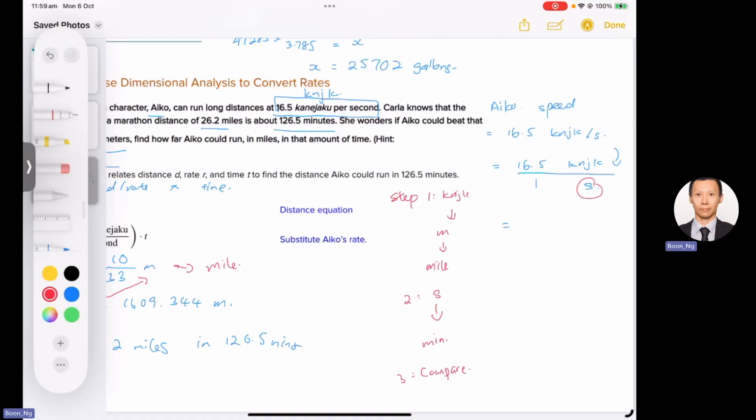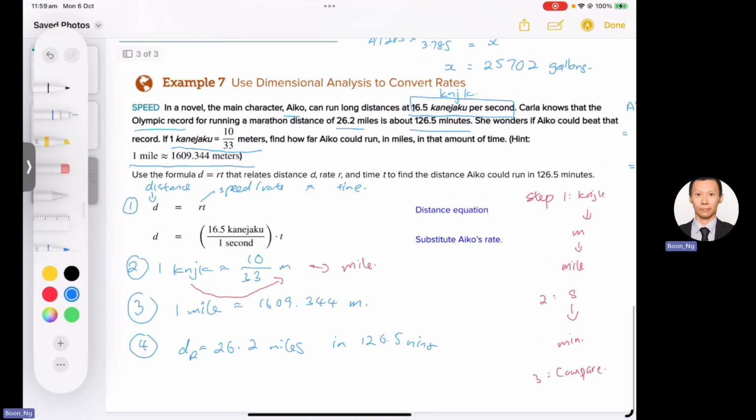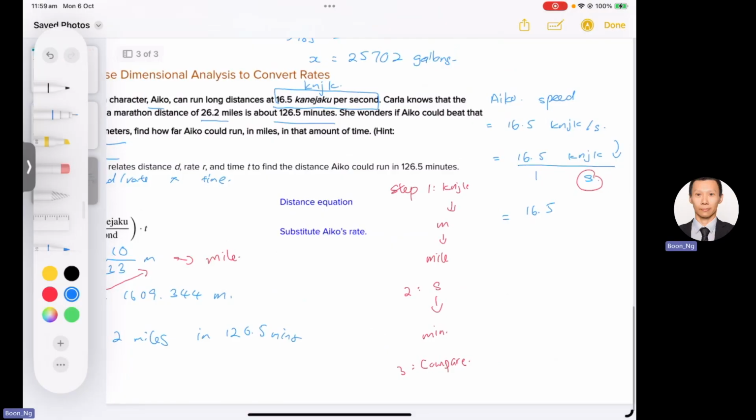So here is what we're going to do. 16.5, and 1 Kanijaku is equal to 10 over 33 meter. We have 16.5, we just multiply like this and we get meters over 1 second.